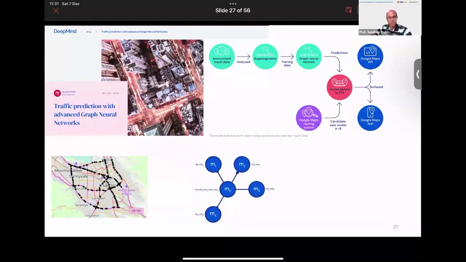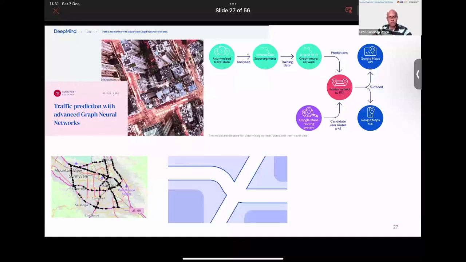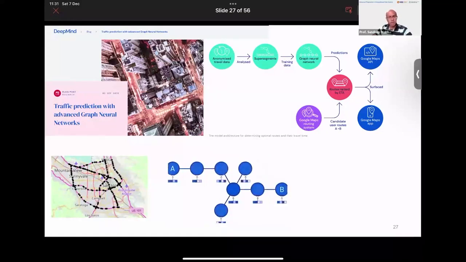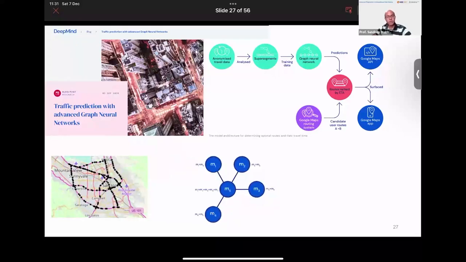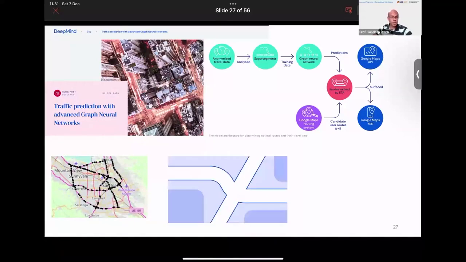So just to give a context of what graph neural networks are, some of the use cases, and how powerful these are: if you are using Google Maps to go from A to B, what is underlying Google Maps to predict the best route, to predict the expected time of arrival, is a graph neural network.